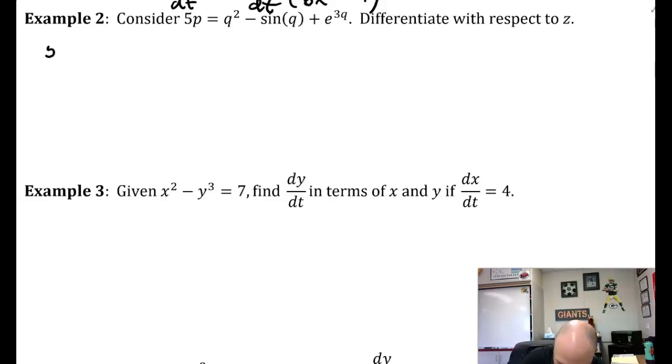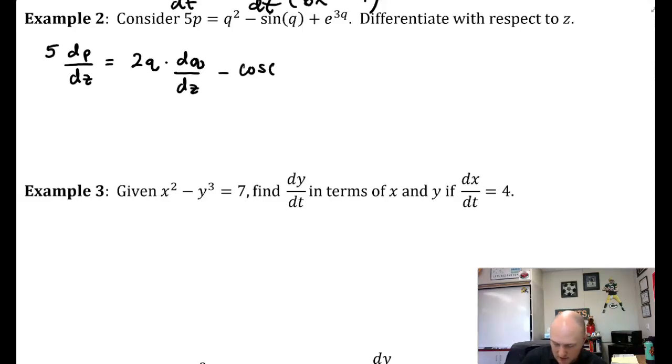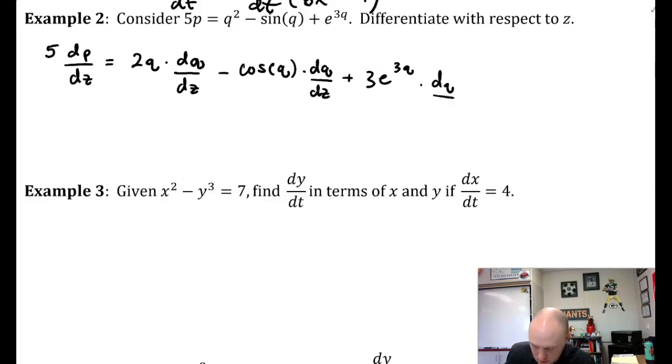All right, so this is 5 dp dz, which is equal to 2q times dq dz minus derivative of sine is cosine, so cosine of q times dq dz plus the derivative of e to the power of 3q is e to the power of 3q times the derivative of the power, which is 3, times dq dz. Okay, so there it is.